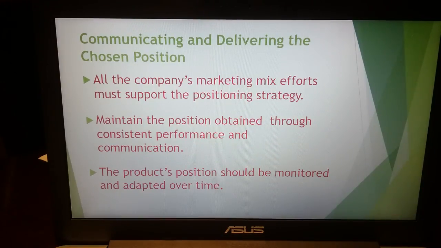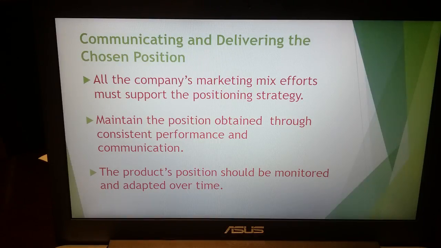Okay, and then finally, this whole idea of communication. We're going to talk about this again later in the semester. Integrated marketing communications, oh so important, so that everything matches all of the company's marketing mix efforts, those 4 Ps, and supports the position strategy. So if it's a high-end brand, you want to sell it in high-end stores.